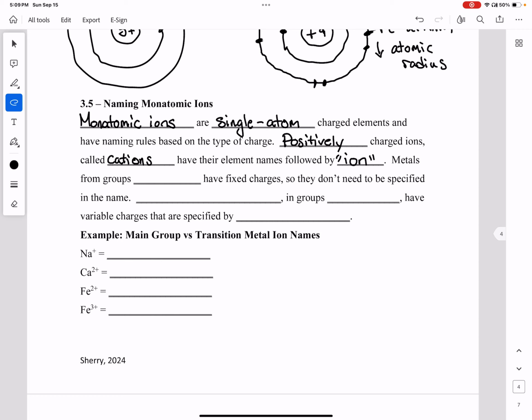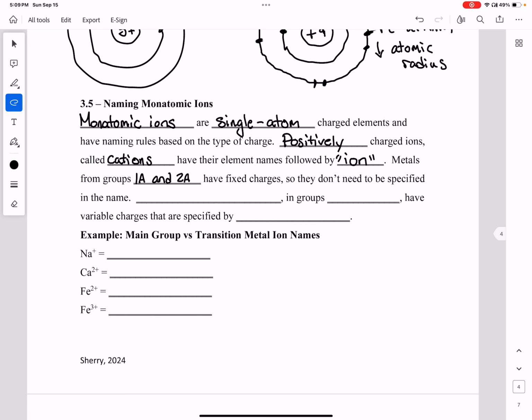Okay, so metals from groups 1A and 2A have fixed charges. So those charges do not need to be specified in the name. Okay, you don't have to say anything about what charge it is. We just assume that everybody knows what it is because they can see where it is on the periodic table.